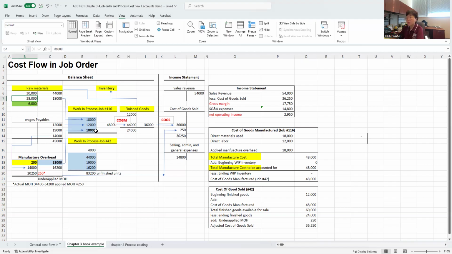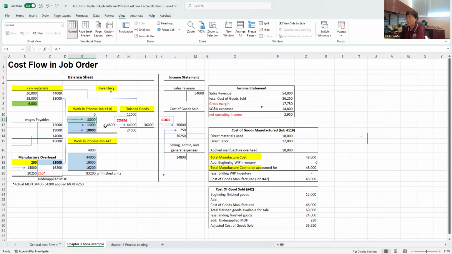Here I'm focusing on the cost flow and the different cost reports. So now let's focus on the 116. Okay, so new manufacturing cost, right? Nothing in the beginning, so this is 0. Direct material, direct labor, and applied overhead.